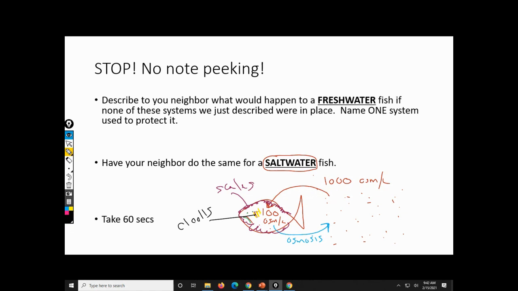Excrete. Because we've said we have to worry about salt coming into the fish, and we don't want that. So our chloride cells are going to help protect this by making sure we're pushing out excess salt.